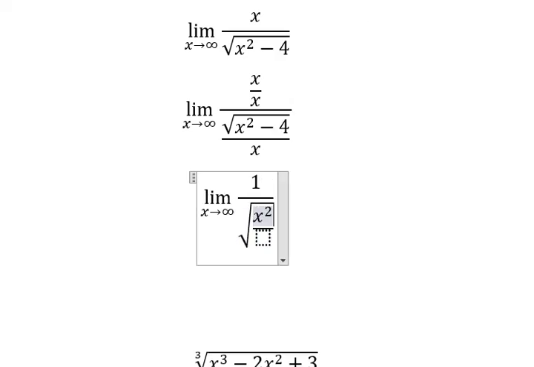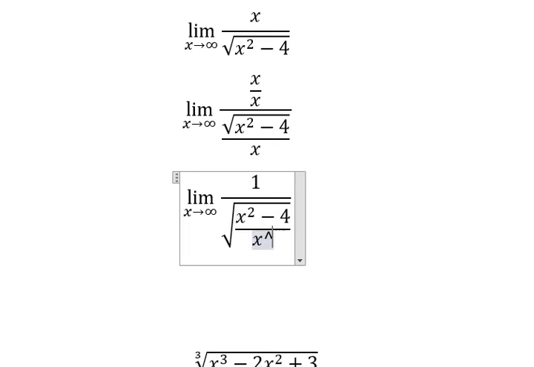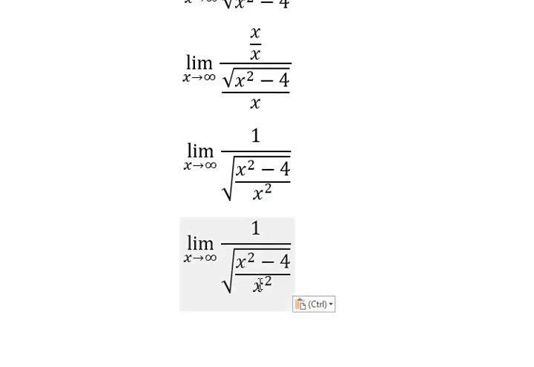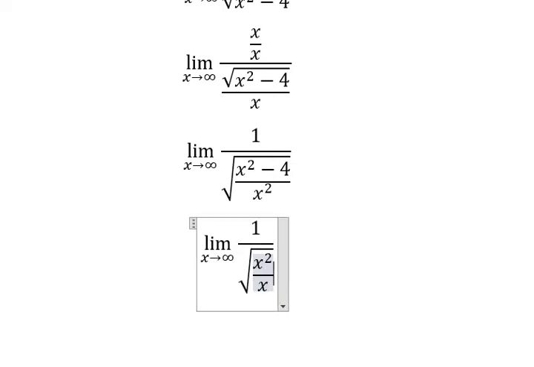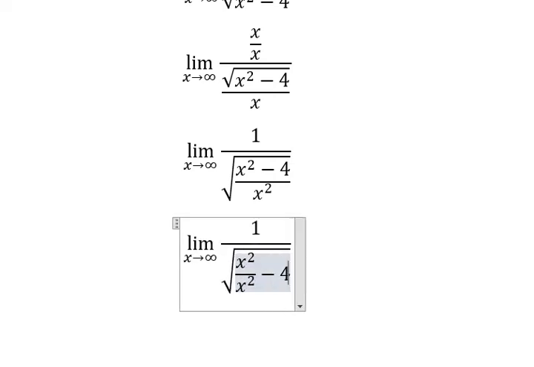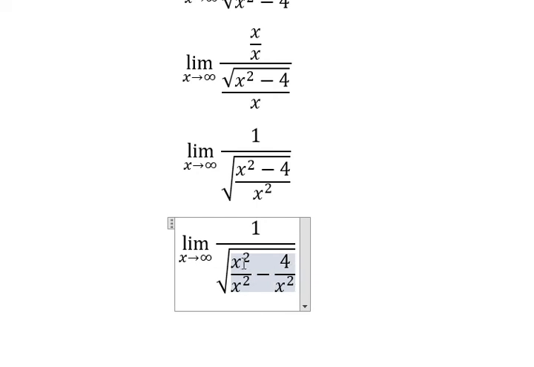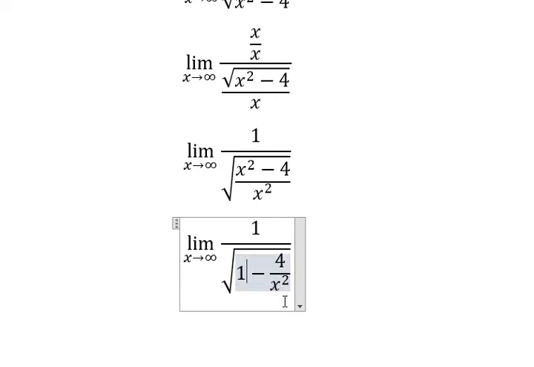We have s squared minus 4 over s squared. So s squared divided by s squared, and 4 divided by s squared. So this one you got about number 1.